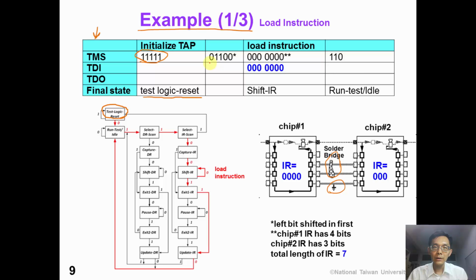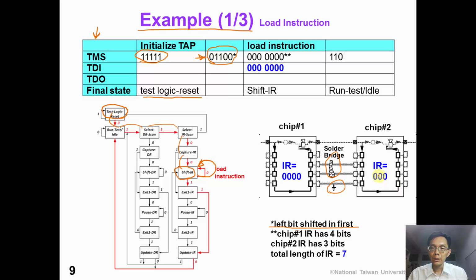Then we apply a sequence of 0, 1, 1, 0, 0, so that we are now in the shift IR state. Please notice that the left bit is shifted in first, and then we are able to load the instruction code into 2 chips.